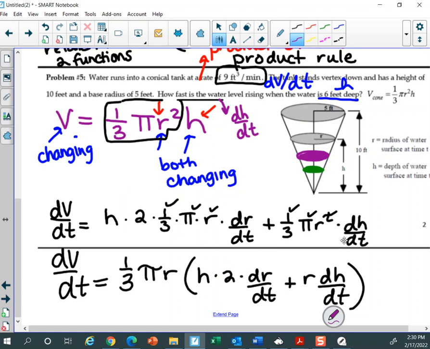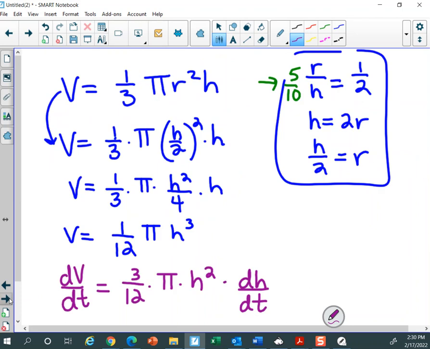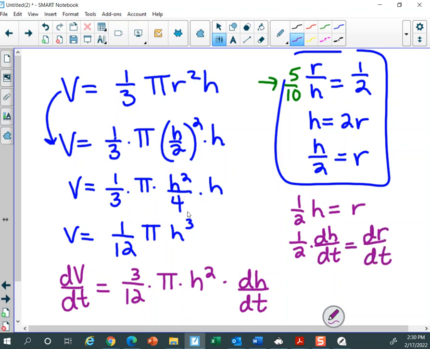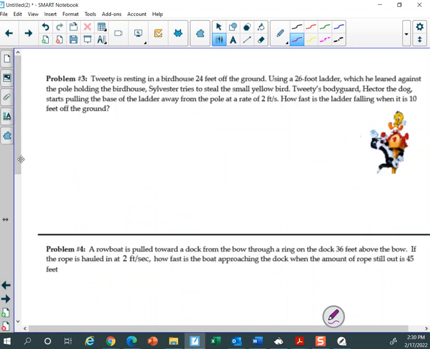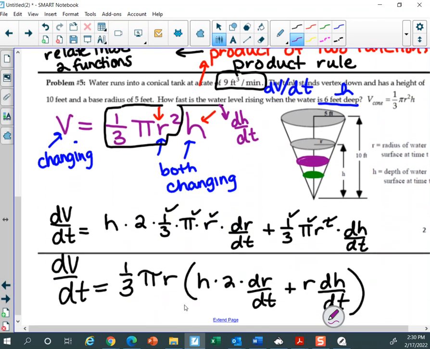And we would also have to figure out that if 1/2 the height is equal to the radius, then 1/2 the rate of change of the height is equal to the rate of change of the radius. So that's how we would have had to still get to that problem. We would still have to connect the radius and the height to make this problem work. There was no getting around that because we didn't know how radius was changing.